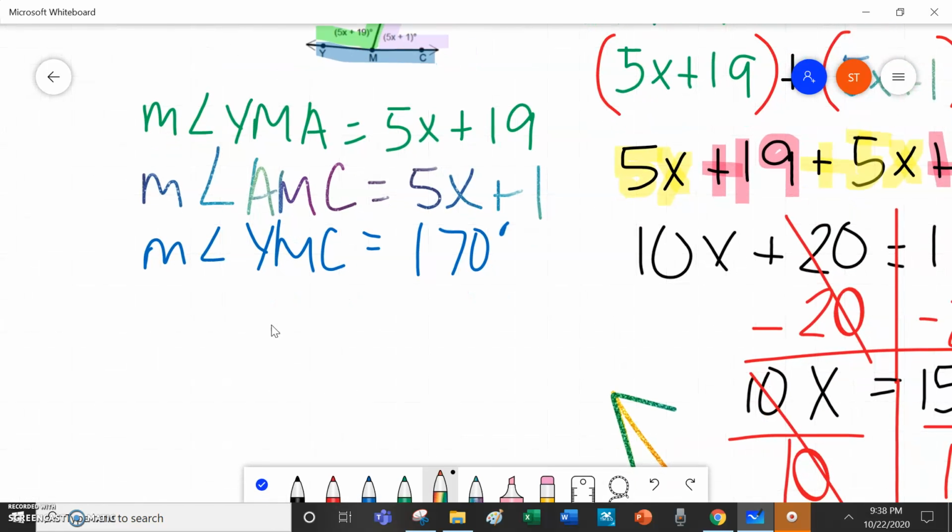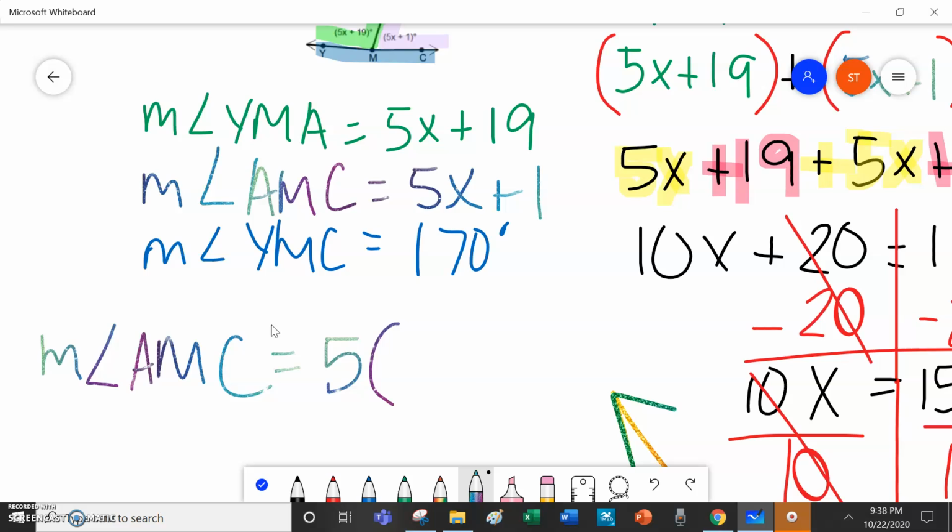So this is where me writing down what AMC is is helpful. Measure of angle AMC is 5x plus 1. I'm replacing x with 15 because I know that's what I found. So when we're using the algebra, you have to solve for x and then use it to find the indicated measure.